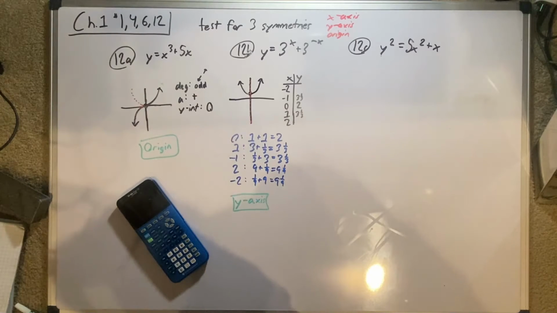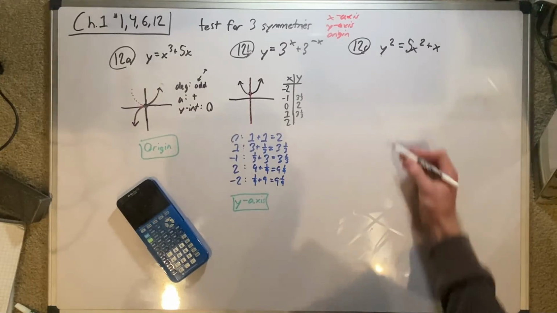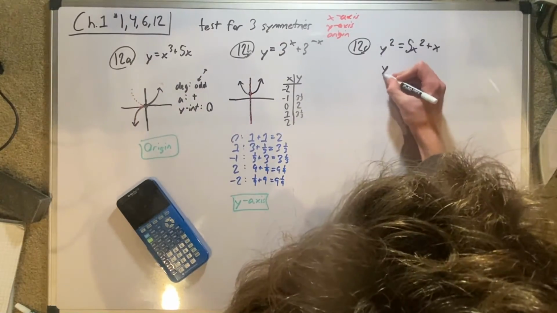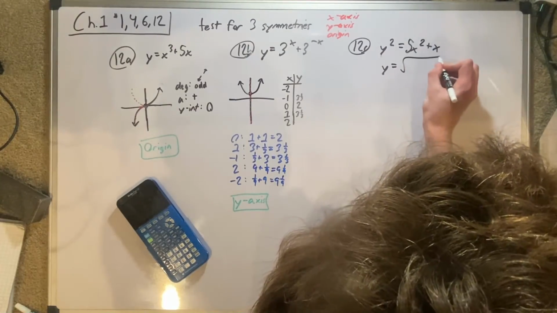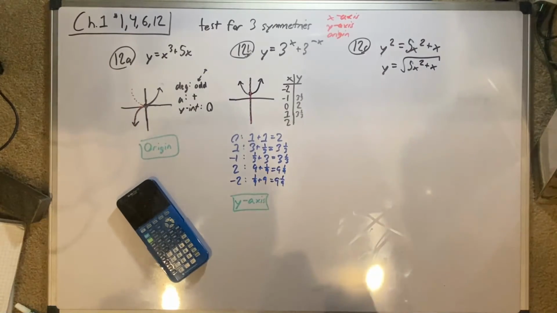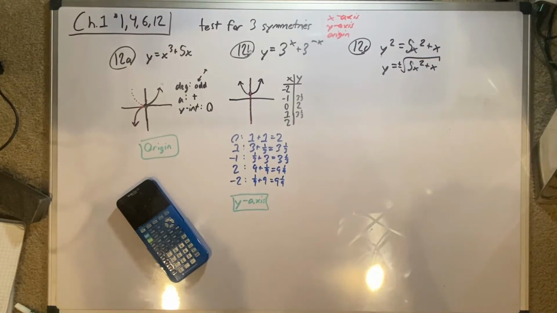This one's probably the hardest one. First of all, in order to even have a function, we need y to the power of 1. So let's take the square root of everything. So y is equal to the square root of 5x squared plus x. Now we also know that square roots always have a positive and a negative.